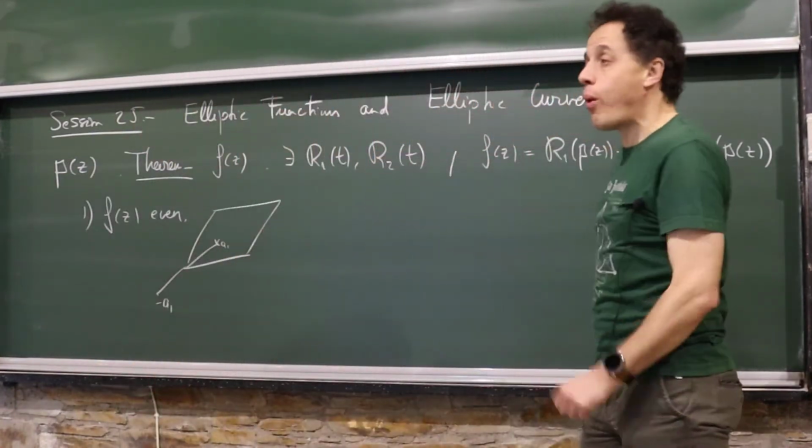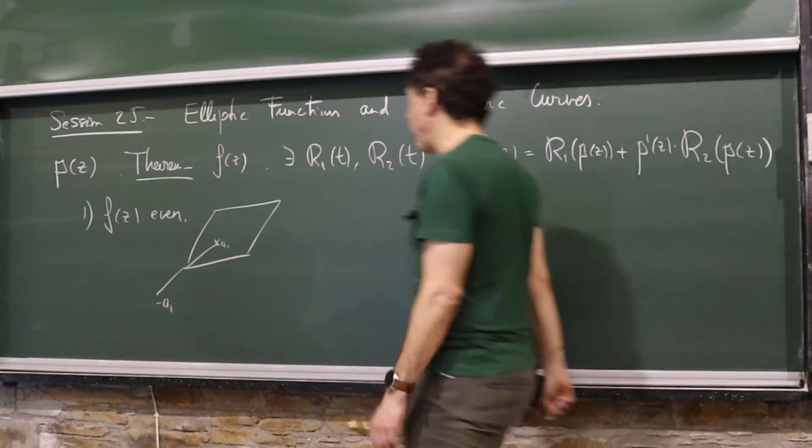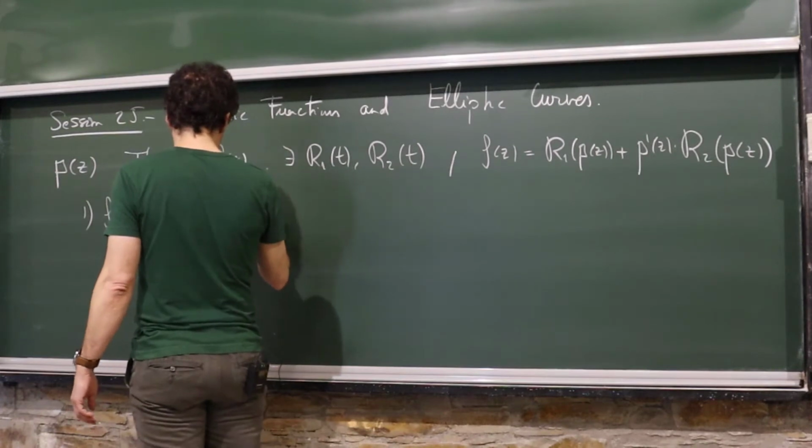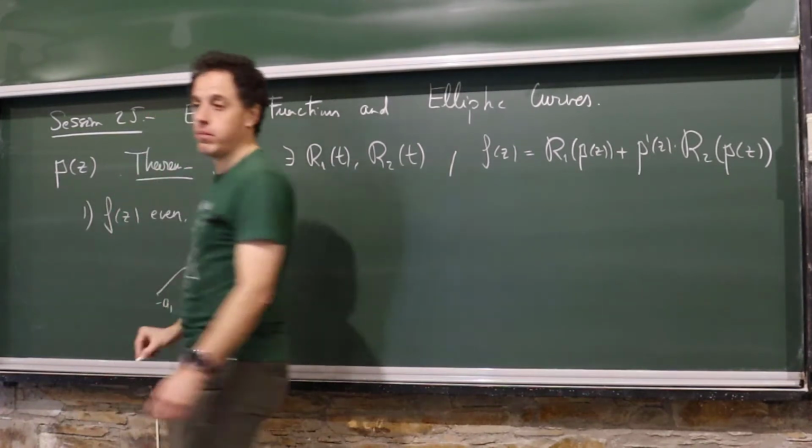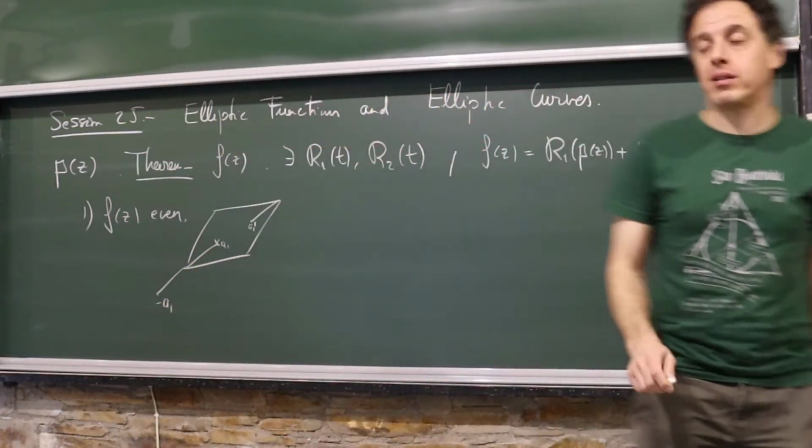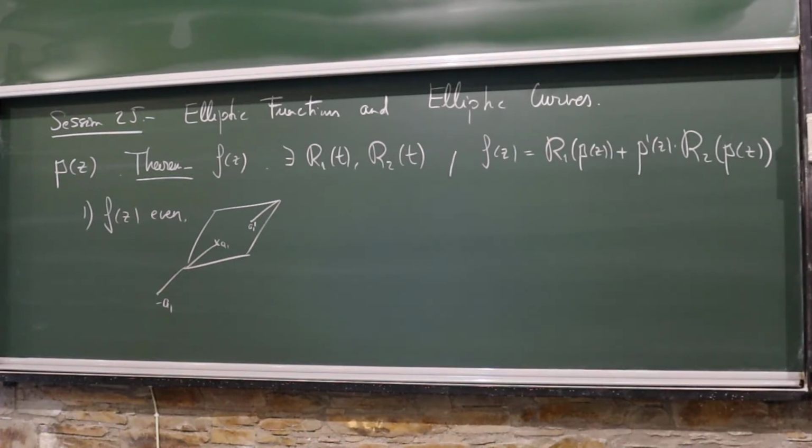And minus a1 corresponds with a point in the fundamental parallelogram, here more or less. So zeros come in couples, and in the same way, poles come also in couples.